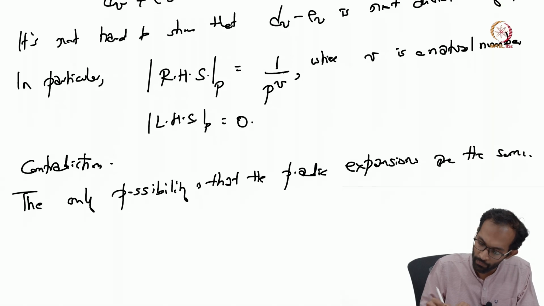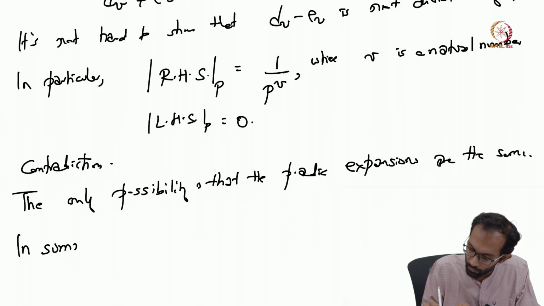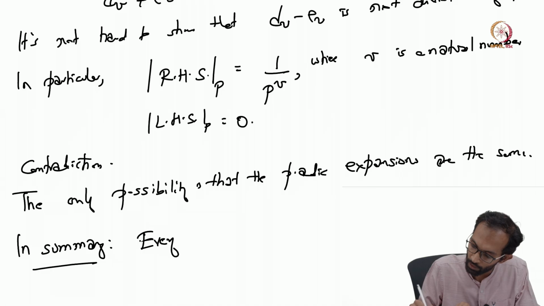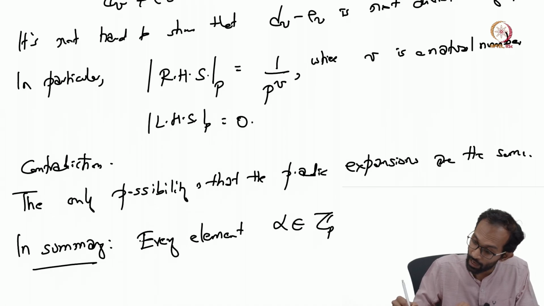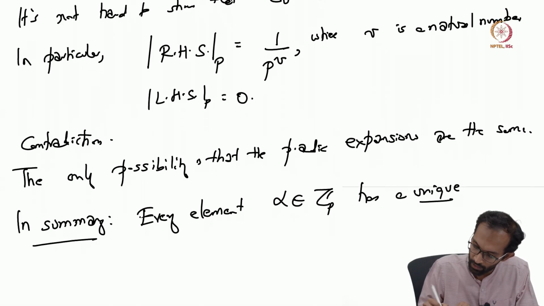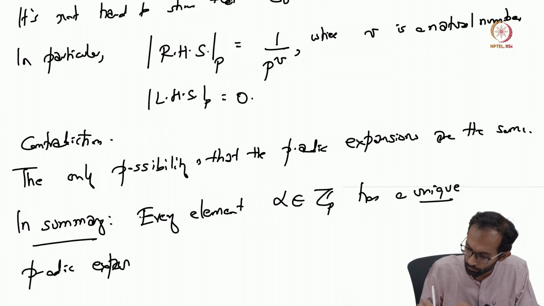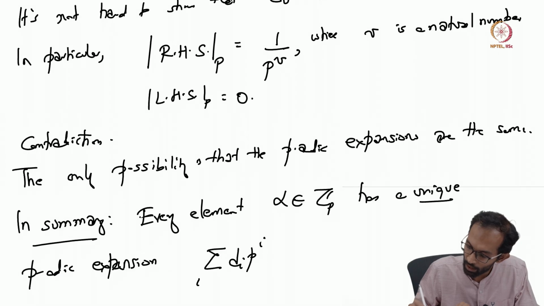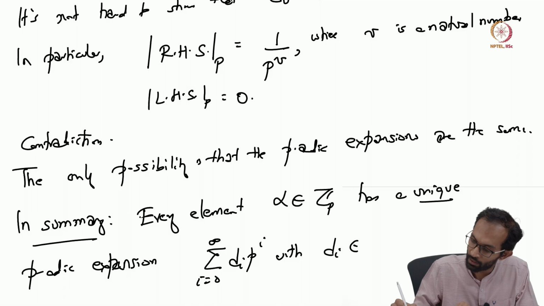Okay, so in summary, what we've shown is that every element in Zp has a unique p-adic expansion summation di p raised to i, where these digits di belong to 0 up to p minus 1.